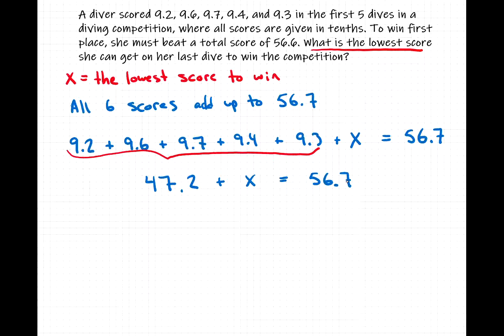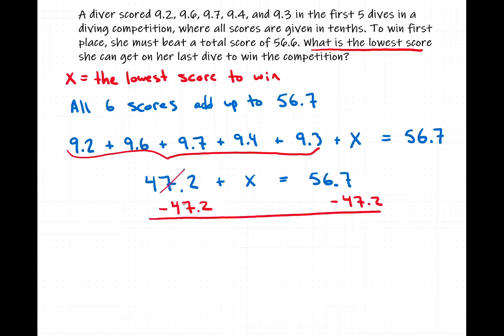If you don't believe me, you could pause the video and make sure they add up to 47.2 on a calculator. All right, so we want to solve for X, and we want to get rid of this 47.2. So that's positive, so we could subtract 47.2 from both sides of the equation.